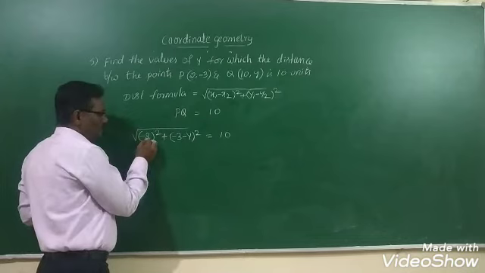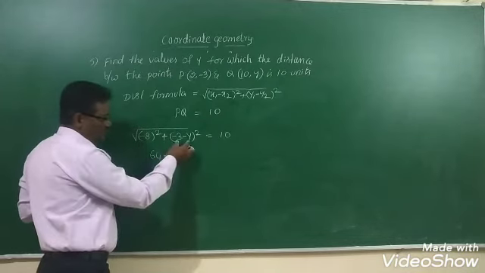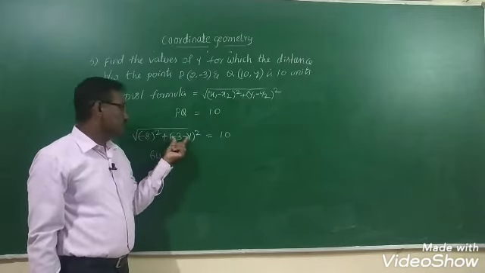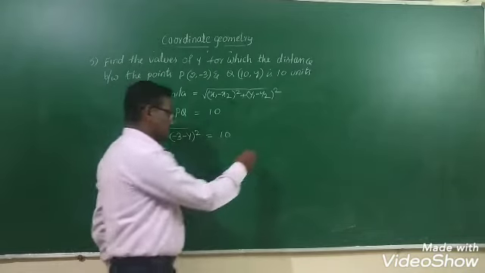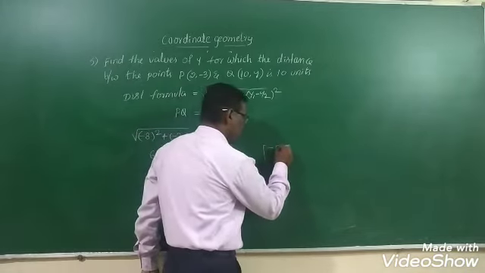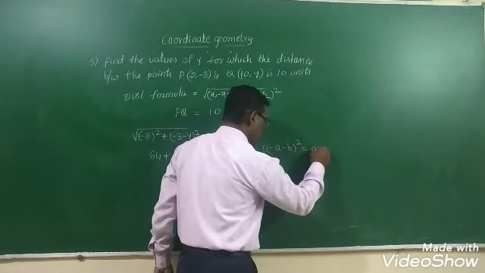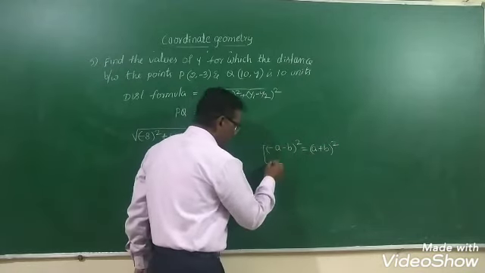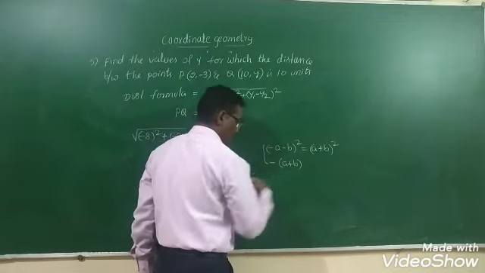So here minus 8 whole square becomes 64, plus the expansion of this. Observe carefully here: both terms have minus, which will be nothing but (a plus b) whole square. Here, (minus a minus b) whole square is nothing but (a plus b) whole square, because when you take minus as a common factor, we get a plus b.